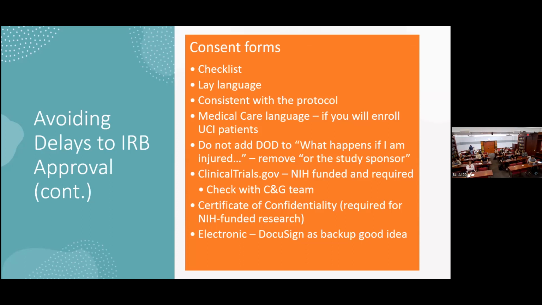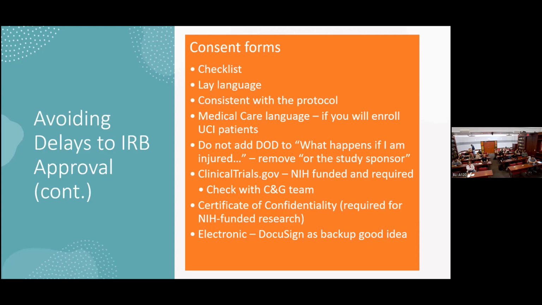I wanted to go through a little bit about the consent forms because this is an area where I find a lot of mistakes, or I also see the IRB analysts coming back and asking for changes. You're supposed to use lay language. You can't just cut and paste what you put in the protocol into a consent form. It technically needs to be at an 8th grade reading level.